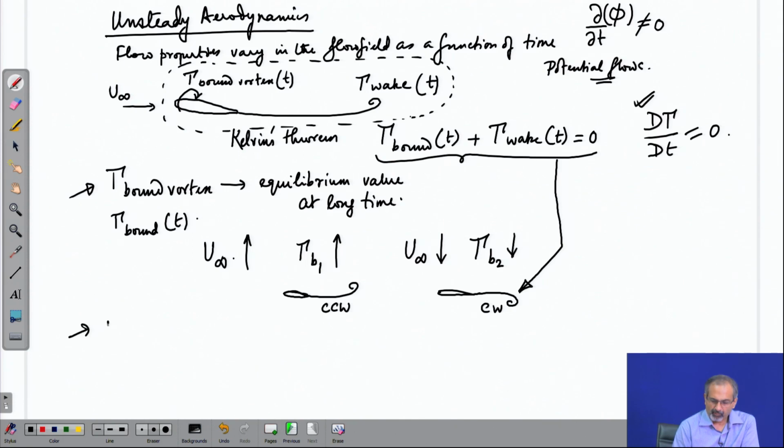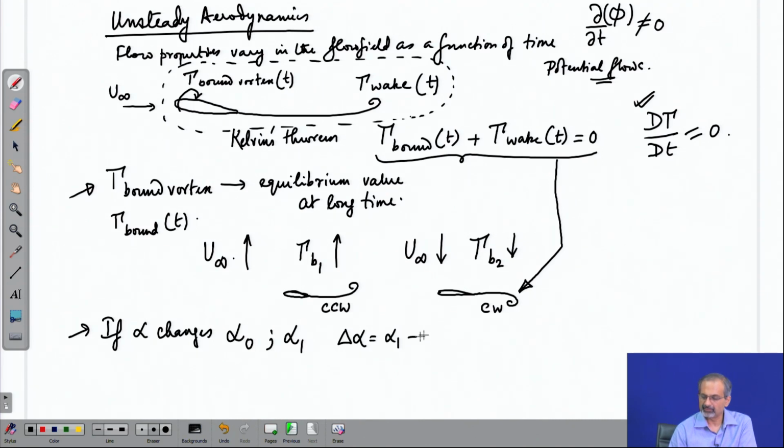If alpha changes instantaneously, let us say in the beginning we had a value of alpha naught, and then at some point of time it changes to alpha 1, then there is a change in alpha which we can indicate as alpha 1 minus alpha naught, and then what is the consequent effect? There will be a change in lift by the Kutta-Joukowski theorem.